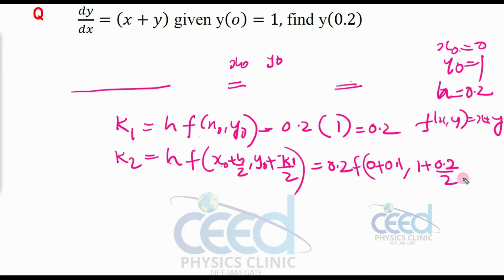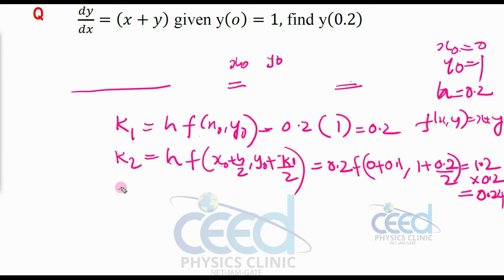So what is the value? That is 1.1 plus 0.1, that is 1.2. So the answer is 1.2 into 0.2, that is 0.24. So we got the value of k2.